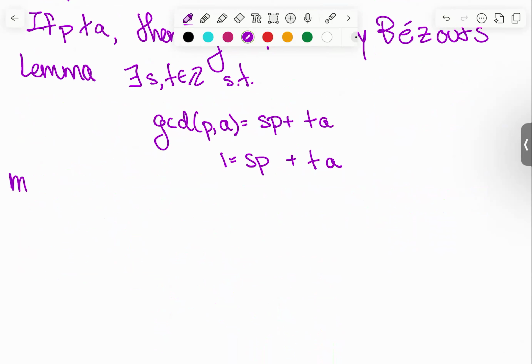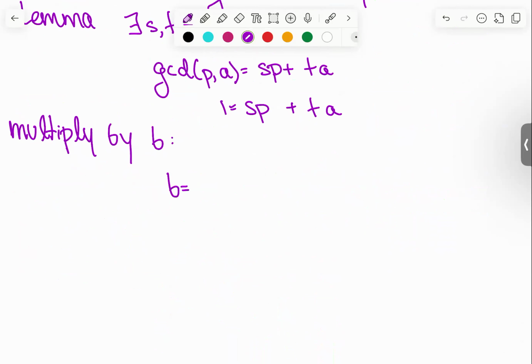So let's multiply by B. So I get B equals SPB plus TAB. Okay, let's recall what I want.